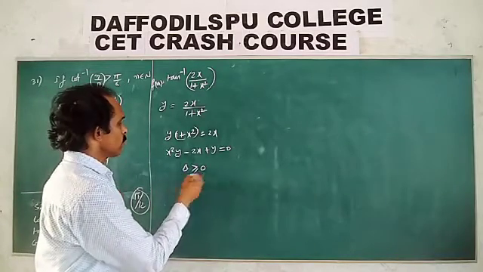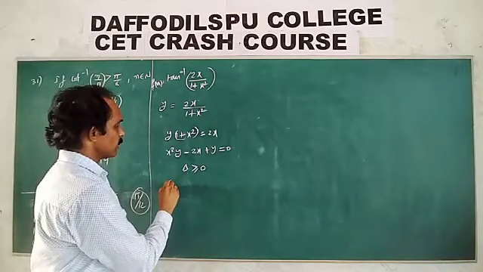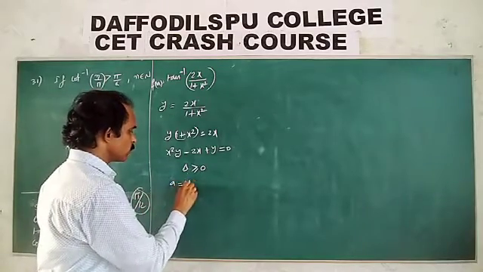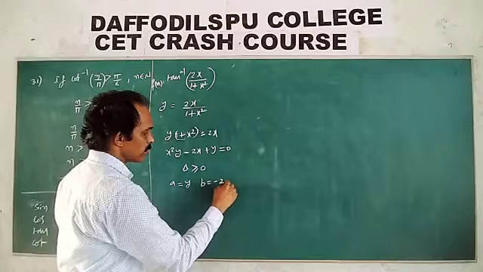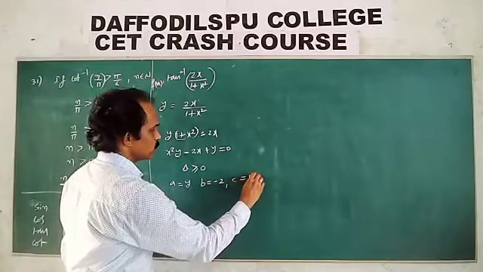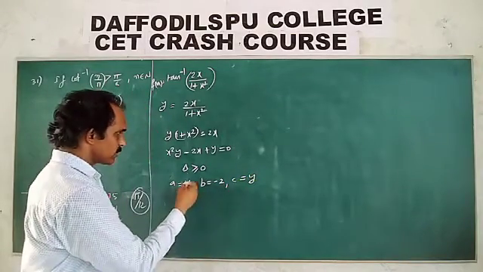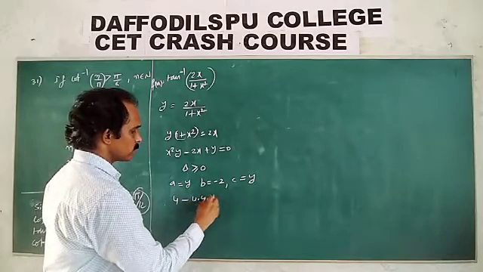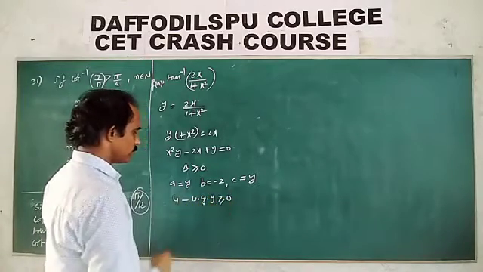What is its discriminant? Compare with ax square plus bx plus c: a is equal to y, b is equal to minus 2, c is equal to y. That implies 4 minus 4 y square is greater than or equal to 0.